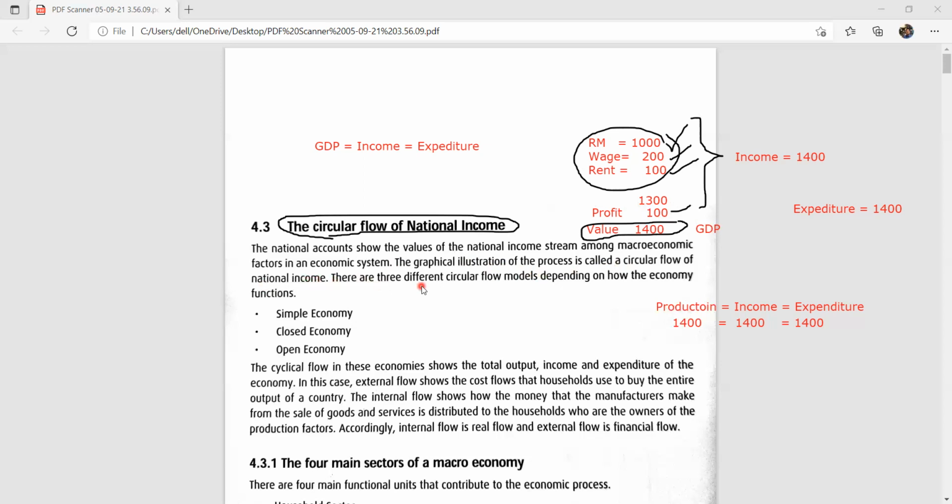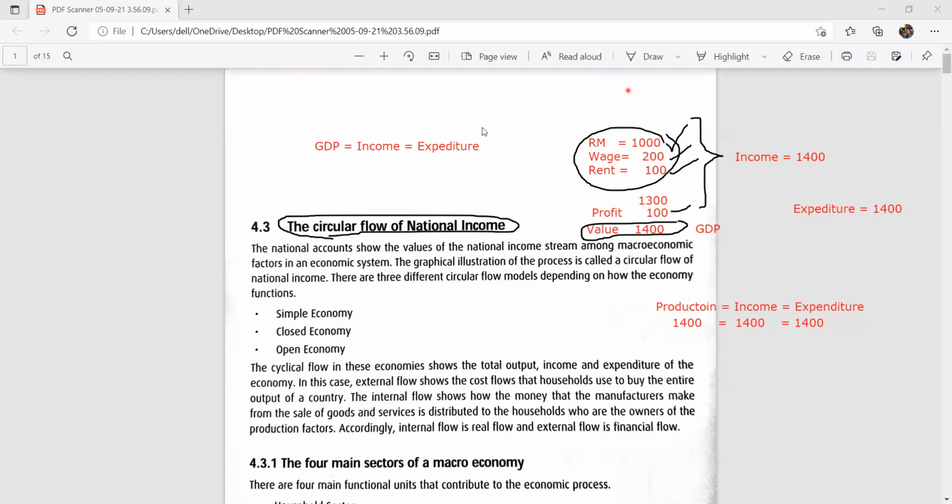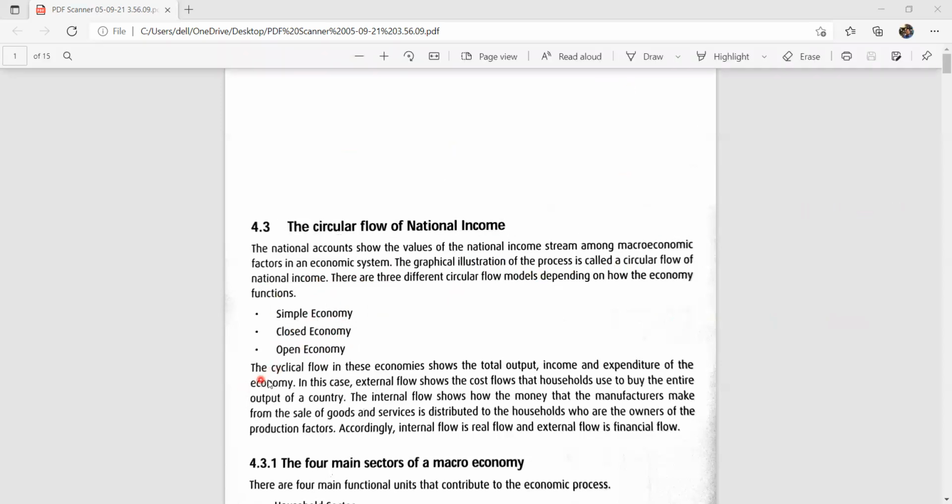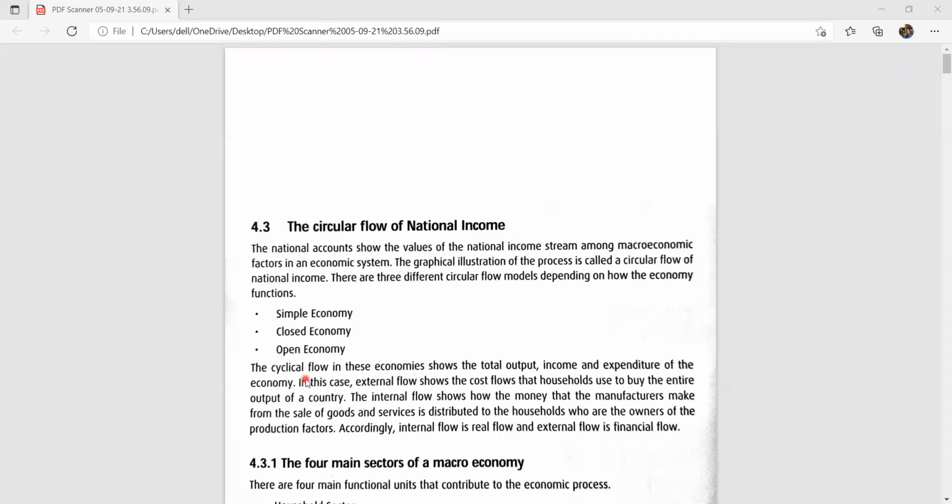There are three different circular flow models depending on how the economy functions: simple economy, closed economy, open economy. These are not economic systems, just models to realize certain concepts in macroeconomics. The cyclical flow, if not circular flow, in these economies should show the total output, income, and expenditure of the economy.